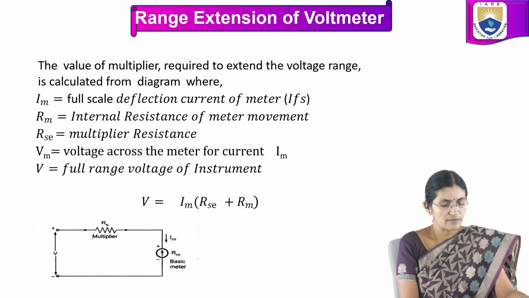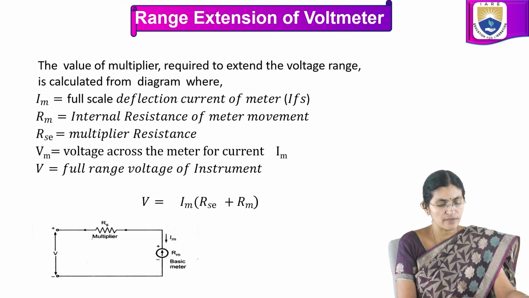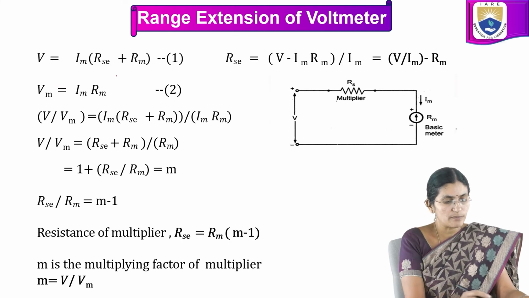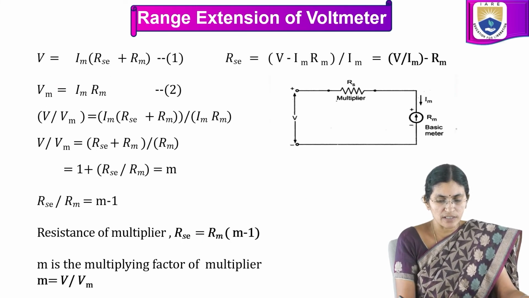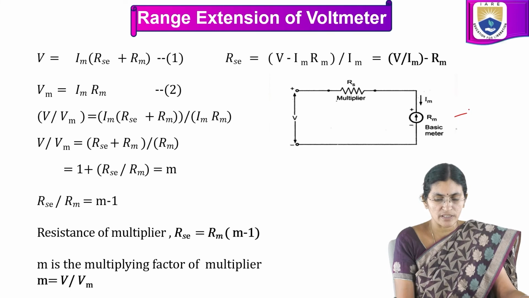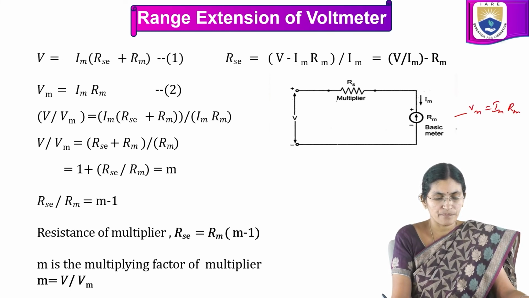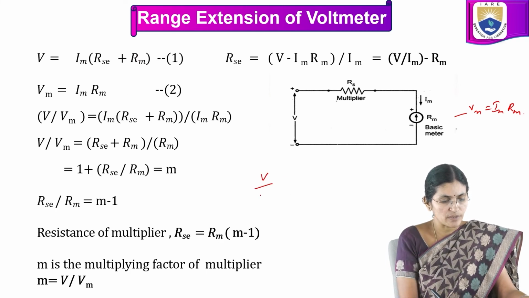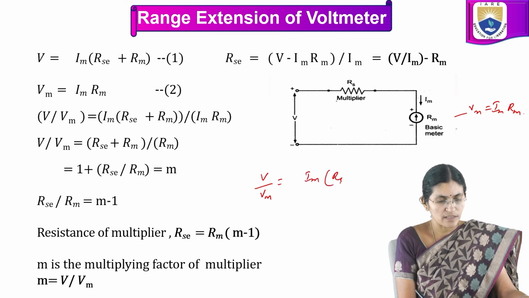From this we can write V is equal to, the same current Im flowing through this and this resistance, Im into RSC plus Rm. Voltage drop across the meter is given by Vm is equal to Im into Rm. So take the ratio of these two. V divided by Vm will be equal to Im into RSC plus Rm divided by Im into Rm.